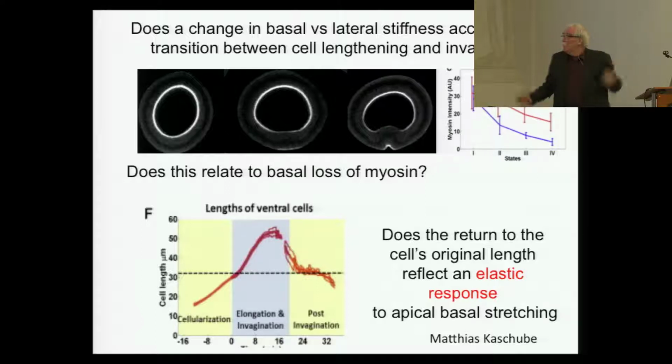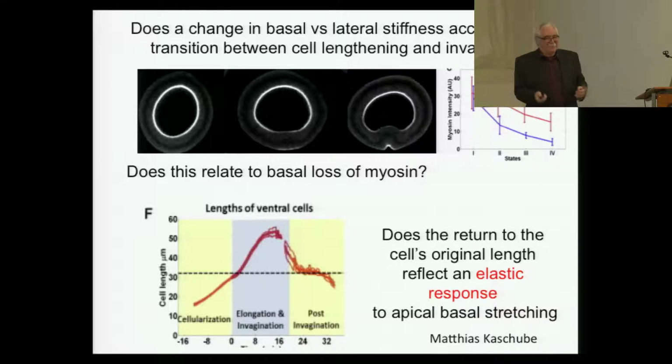Essentially, you had myosin lost at later and later stages until there was a stage consistent with shifting the appropriate distribution and driving the invagination. What's interesting is that the cells become long, and then they shorten during the actual invagination, back to the same length that they were before. So this is kind of like a spring.